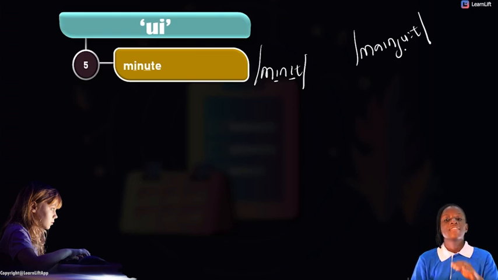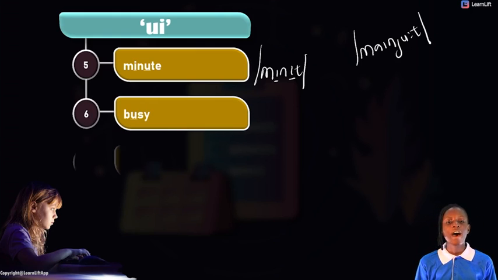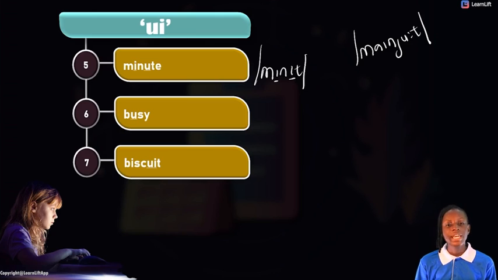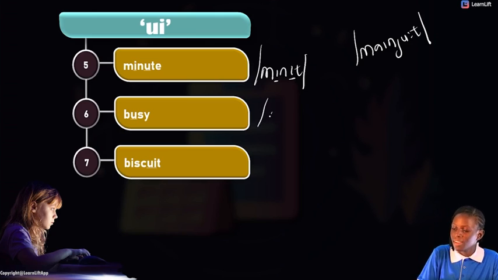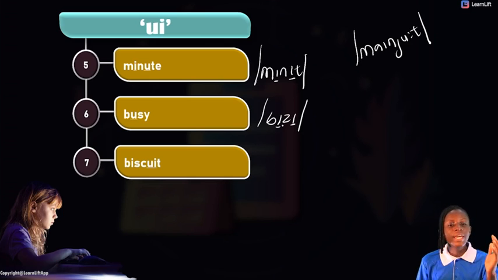Okay. Next example quickly we have our busy. Now our busy is transcribed as busy, having a double E sound. Next have our biscuit.